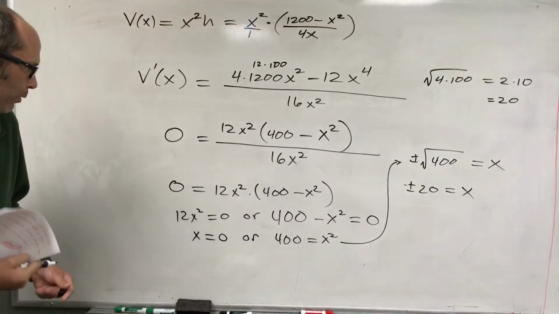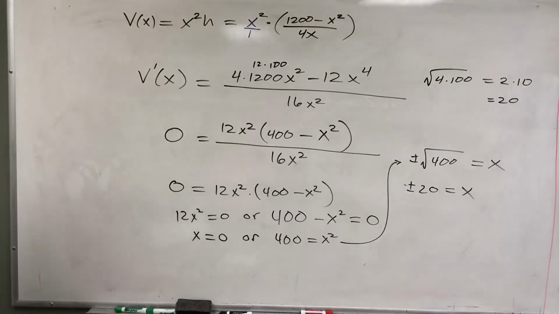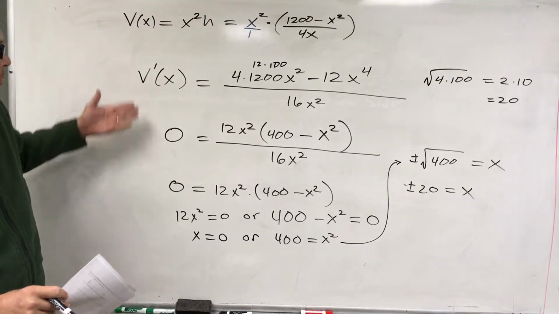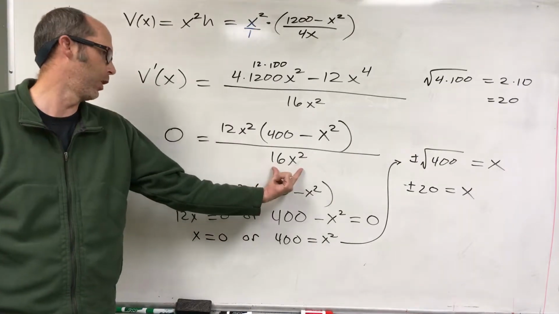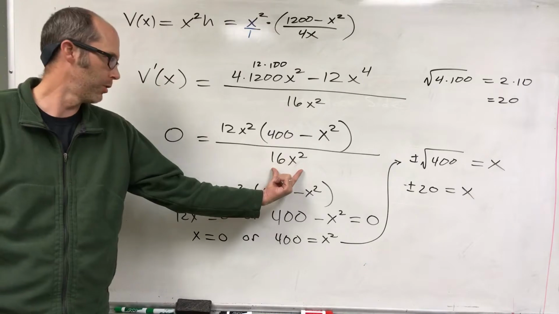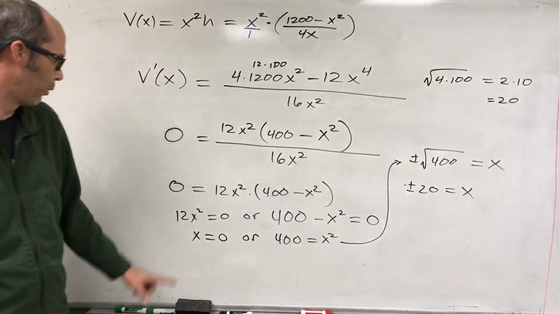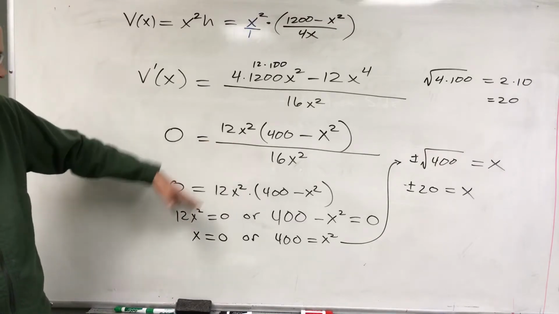Okay, so now we found our critical points. You know that the critical points occur when v prime is equal to 0 or v prime is undefined. So v prime would be undefined when 16x squared was equal to 0. 16x squared equals 0 is the same as x equals 0. We already found that one there, so in this case, it's repeated.